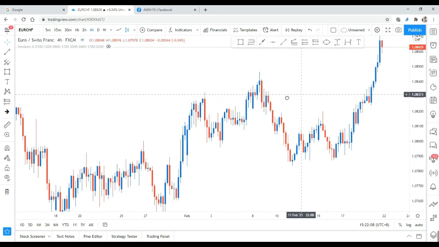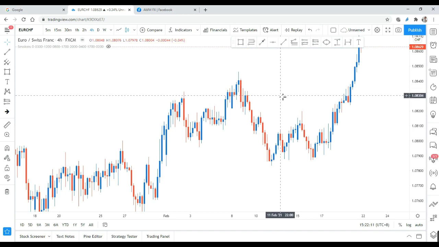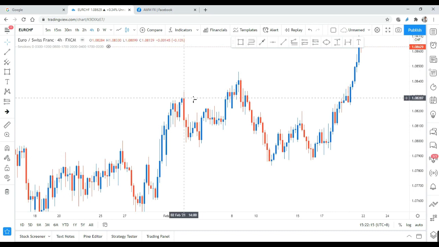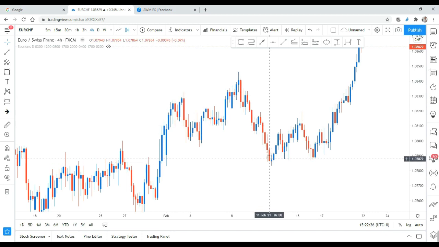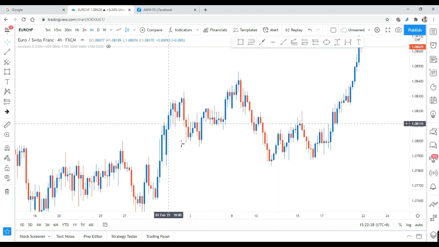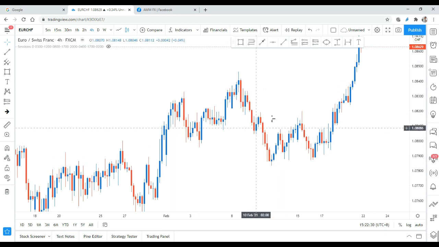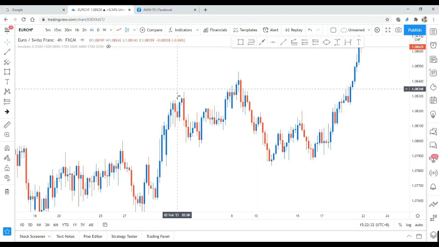is a big problem. For me, I will not trade this QML. One of the reasons is that the shoulder is too far from the head. Can you see? Higher low, and then very far away, and then only it drops. Yeah, this is a qualified QML, but the problem is that this QML is too far away, the shoulder.